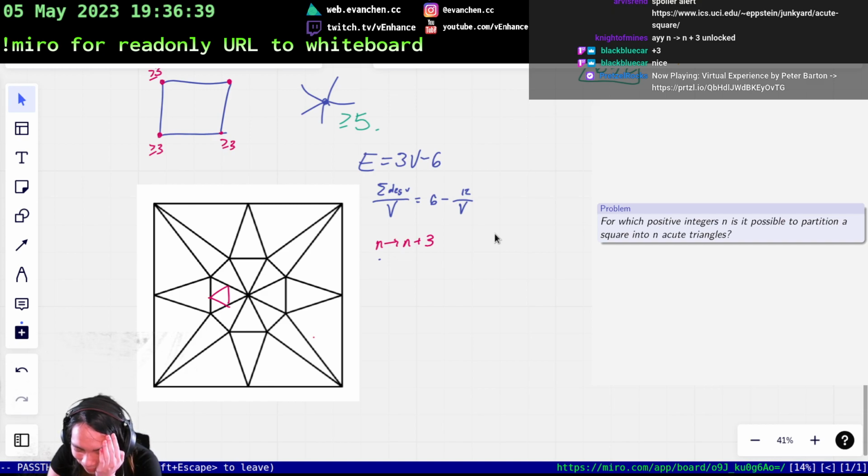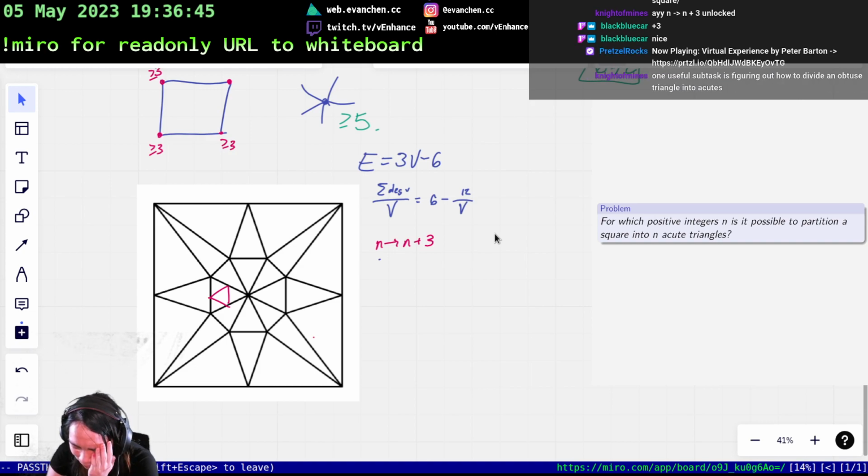So I actually just don't see how to get an example smaller than this, because I feel like this example has some properties. Like it got one point on each edge of the square.